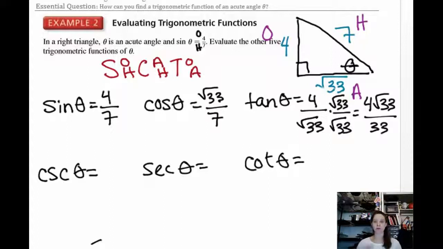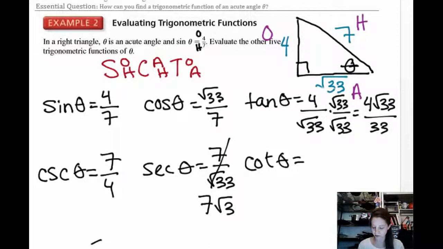Okay, now the bottom row is just the reciprocal of the top row. It's going to be 7 over 4. 7 over radical 33, which is not great. We don't want to have a radical in the denominator. So I'll simplify by multiplying the top and bottom by radical 33, and I instead will get 7 radical 33 over 33.